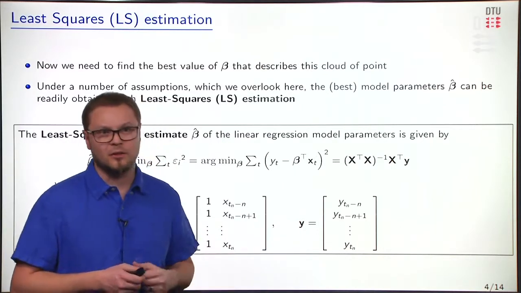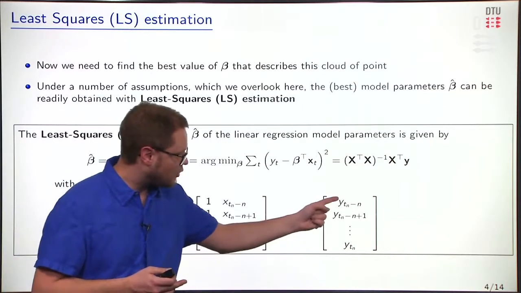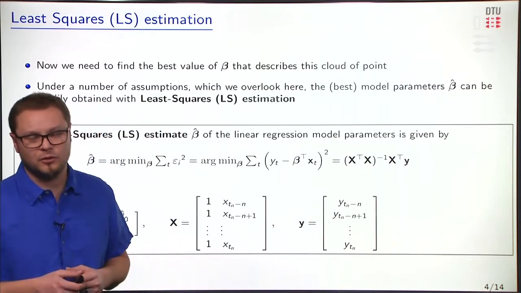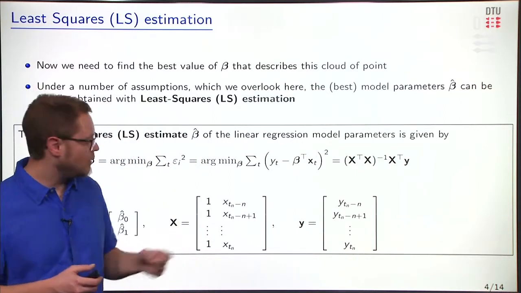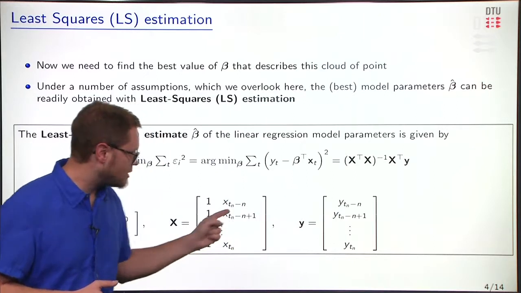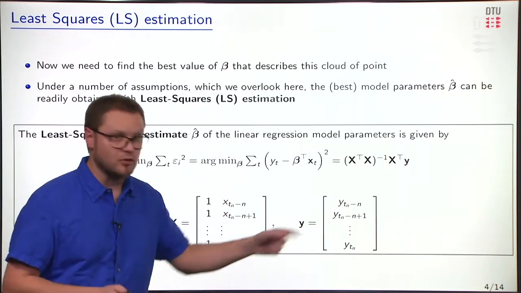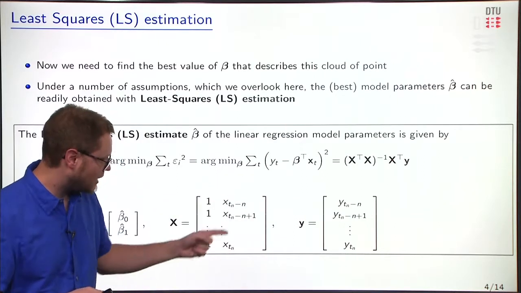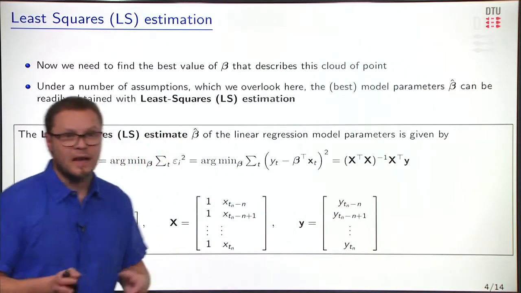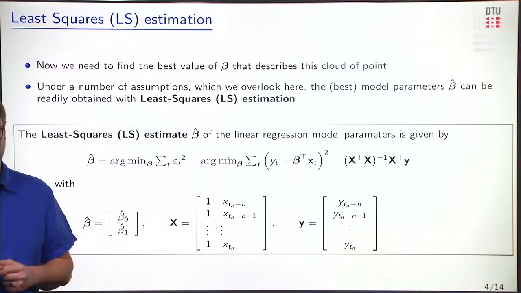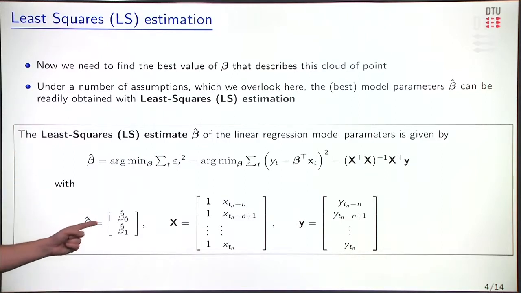There, this is the response vector that concatenates all the past values for the response variable with the time instant corresponding here. So for the first line, the oldest time, the second line, the second oldest time, etc., to the time that's the closest to us. Eventually, beta hat is composed of beta hat 0 and beta hat 1, which are the two parameter estimates for the linear regression model.